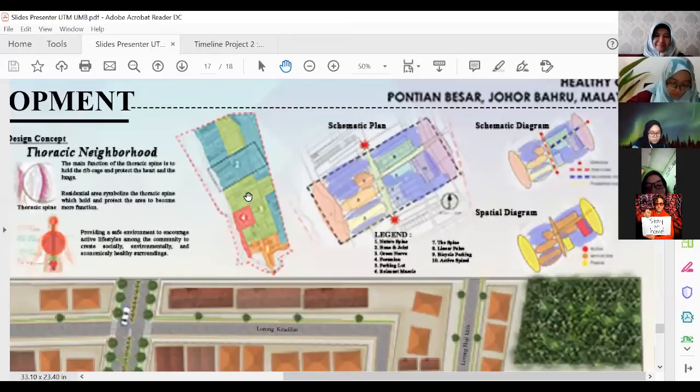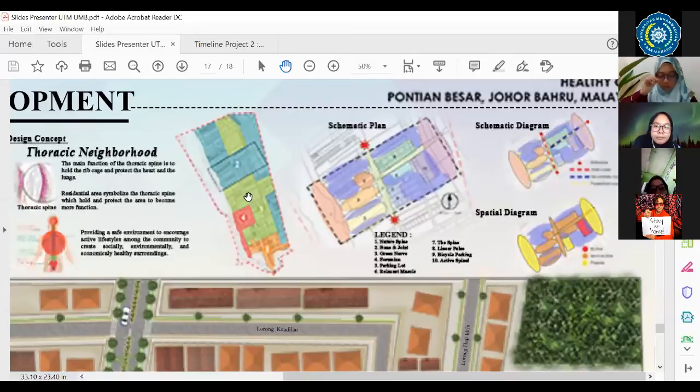For the schematic diagram, I show the connectivity between the main road, secondary road, and the pedestrian road. And for the spatial diagram, I show the types of space itself, which are passive, active, semi-active, and passive areas.